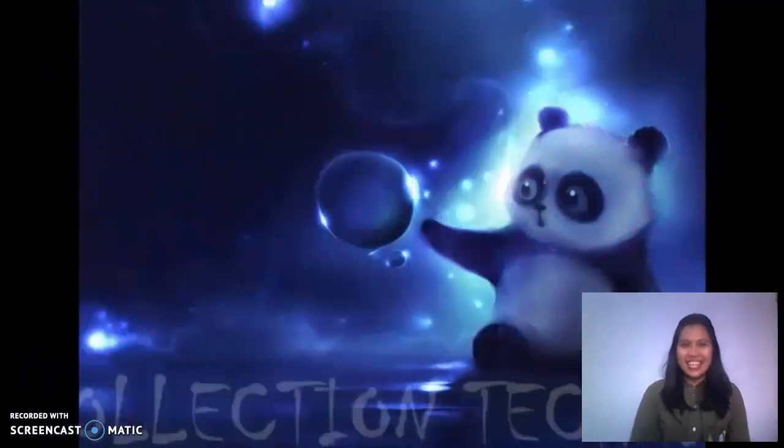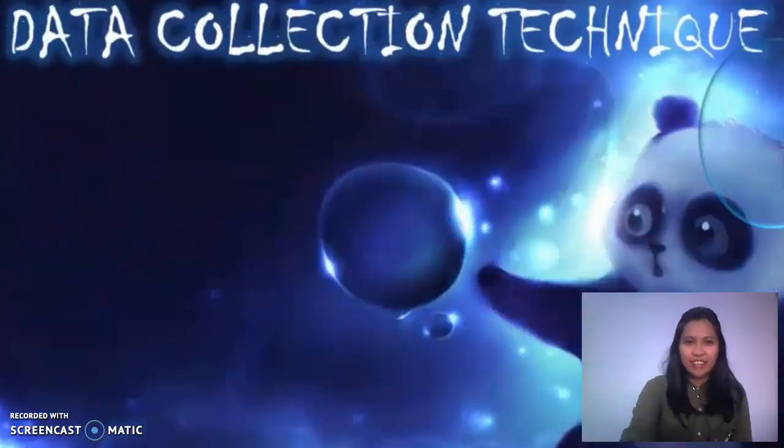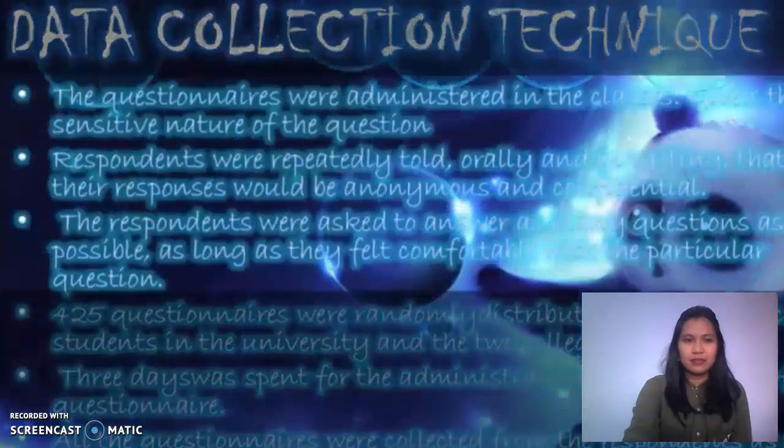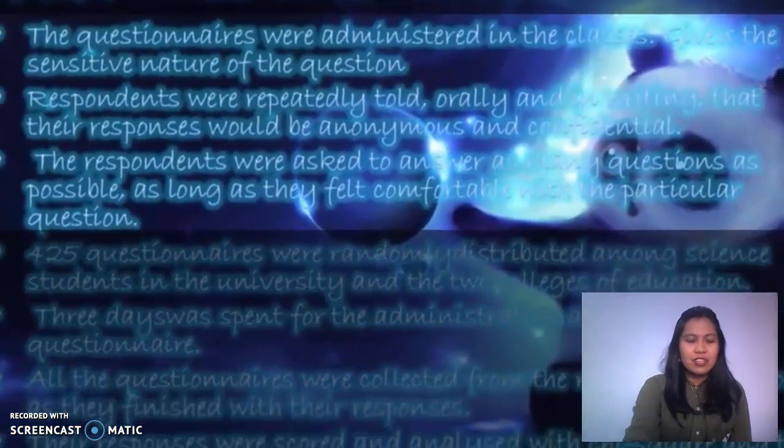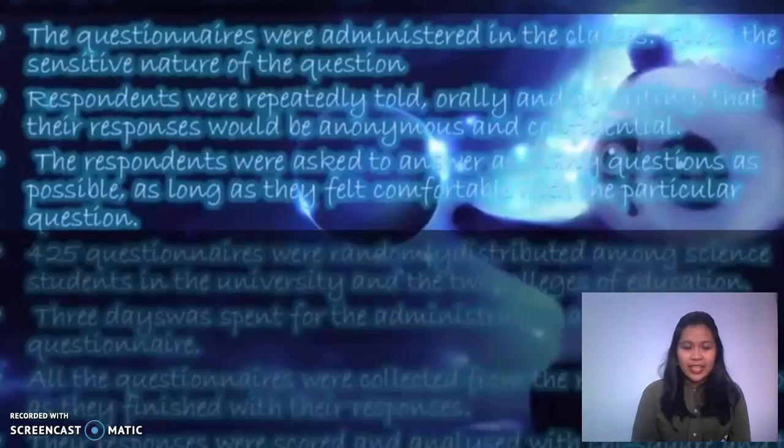Okay, the last one is about data collection technique. The first step is distributing the questionnaire, and the second one, telling the respondents that their answers will be anonymous, and the third is telling the respondents they only answer the questions that they want to answer.